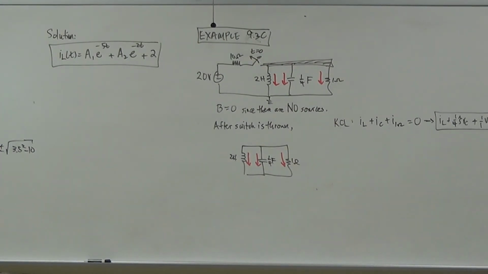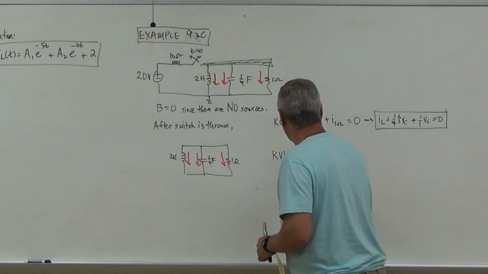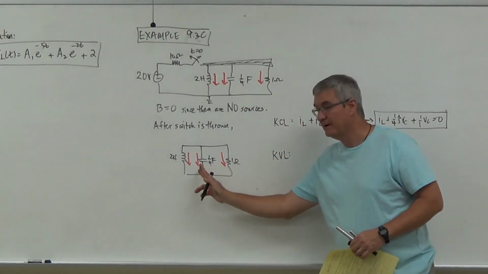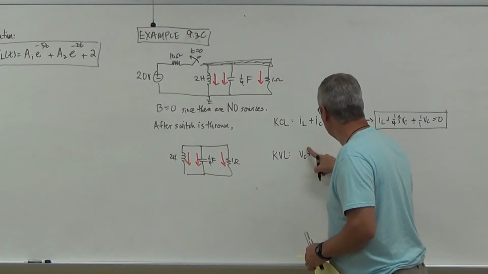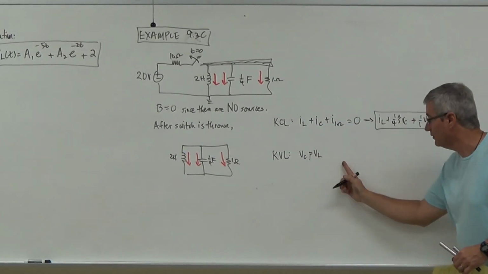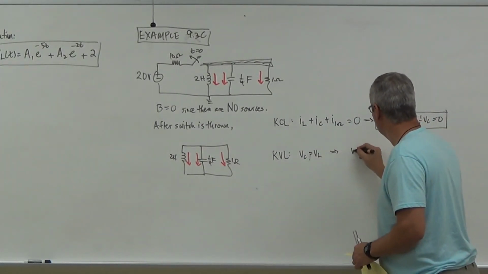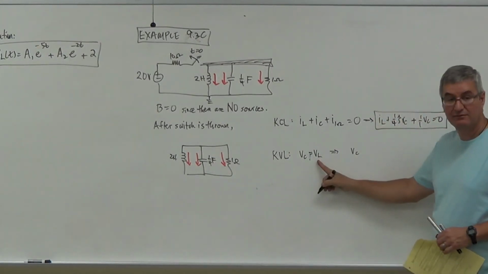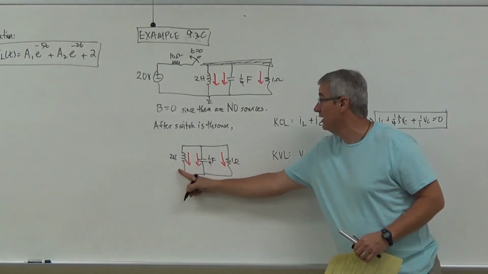Let's go to KVL. KVL tells me what? Well, these two are in parallel. So then I'm going to write VC must equal VL. So what am I going to do? I'm going to bring that to the other side. So then this tells me here that it's got to be VC, but I got to convert VL. VL, when I look at that, it's 2 Henry.